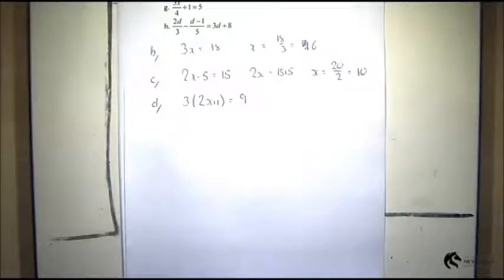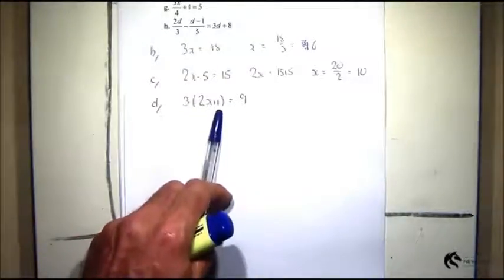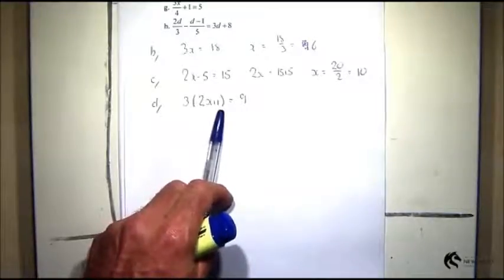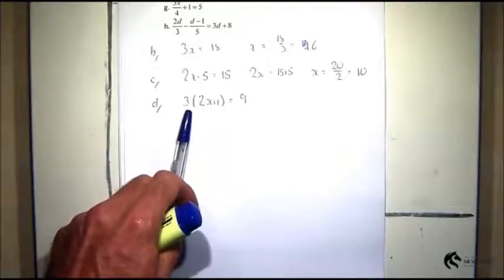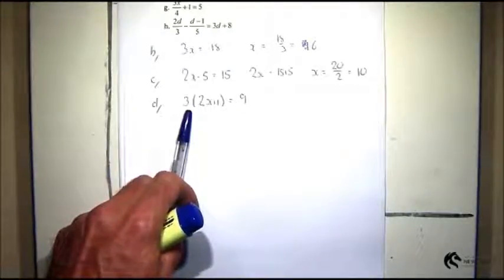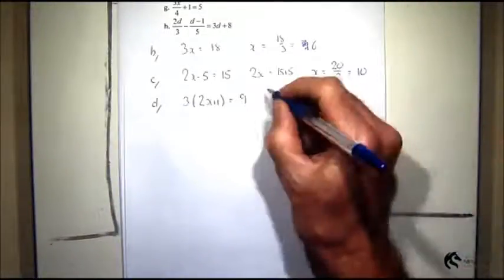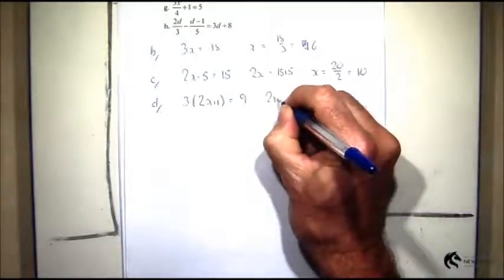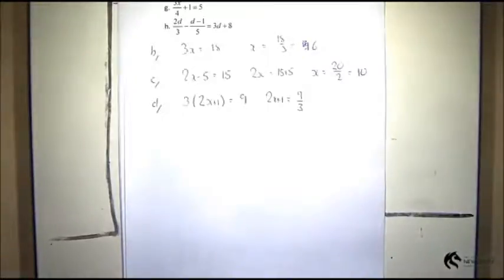For example, I could expand out the brackets here and get 6x plus 3 on the left-hand side. However, I think it's easier if I divide by 3 to begin with. But it doesn't matter which way you go, you'll get the same answer. So this is just one way. So I'm going to say, therefore, 2x plus 1 is equal to 9 divided by 3. I've divided both sides by 3.